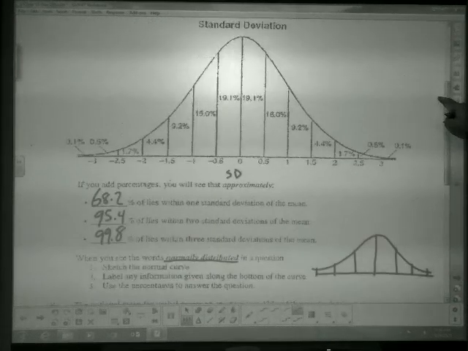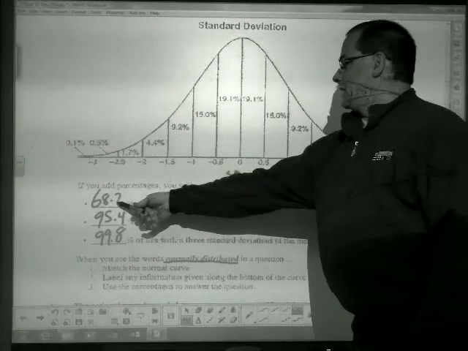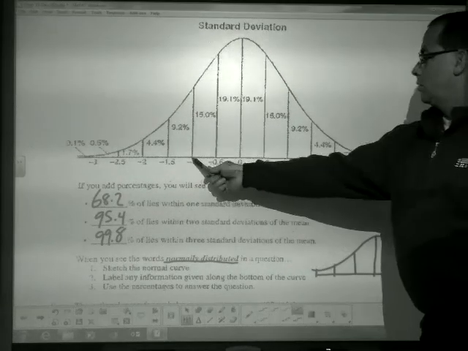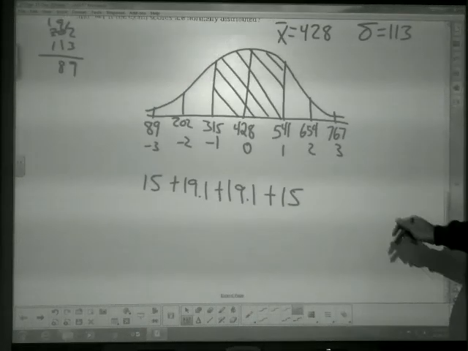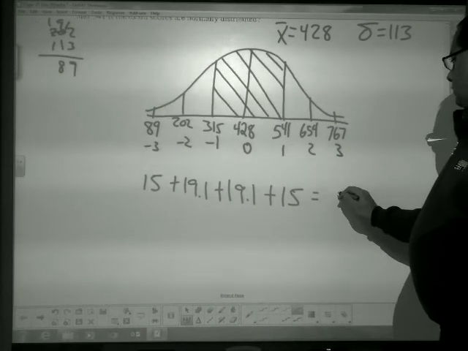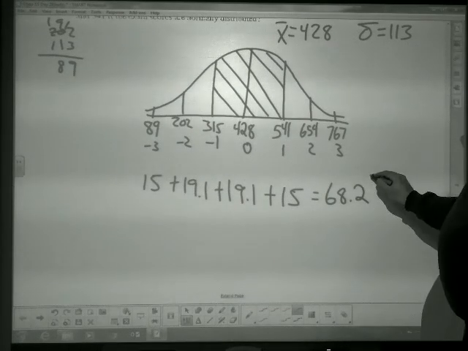Well, that is 68.2% when I add all those up. Approximately.